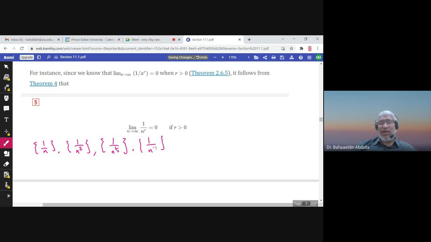Whenever r in all of these sequences is greater than 0. So all of these sequences converge to what? To 0, because their limit would be 0. But if r is negative, then you will have something like this, but then this would be n, and it will not be convergent.